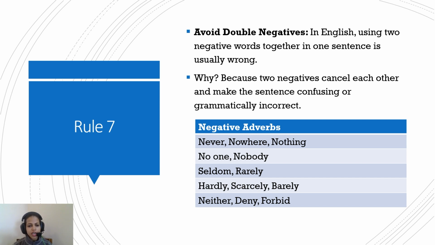Some examples of negative words are never, nowhere, nothing, no one, nobody, seldom, rarely, hardly, scarcely, barely, neither, deny, forbid. These words all have negative implications, so be mindful not to use two of these in one statement, because this will completely distort the meaning.